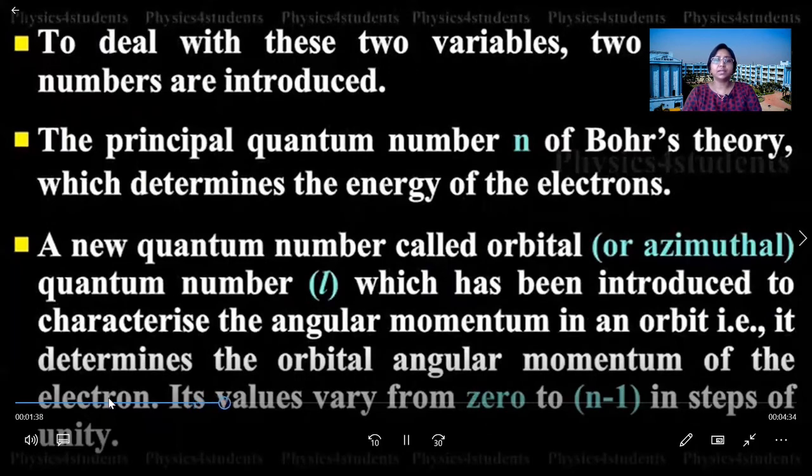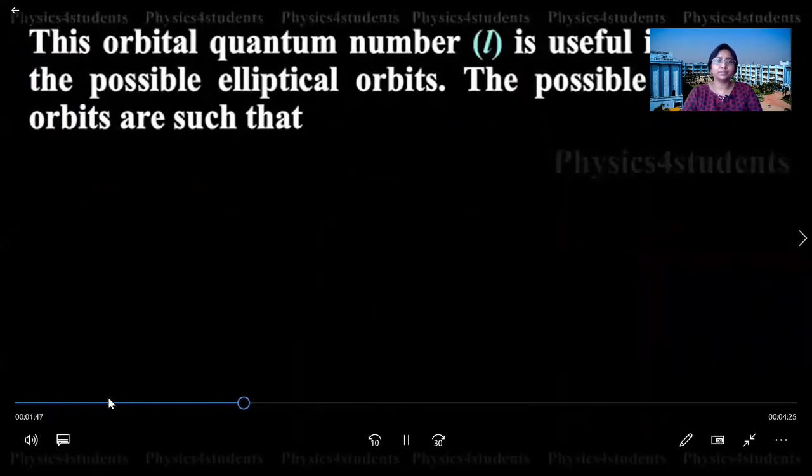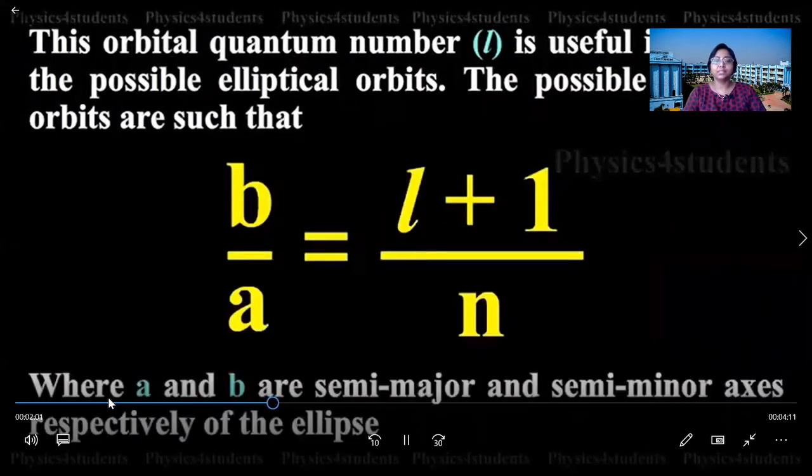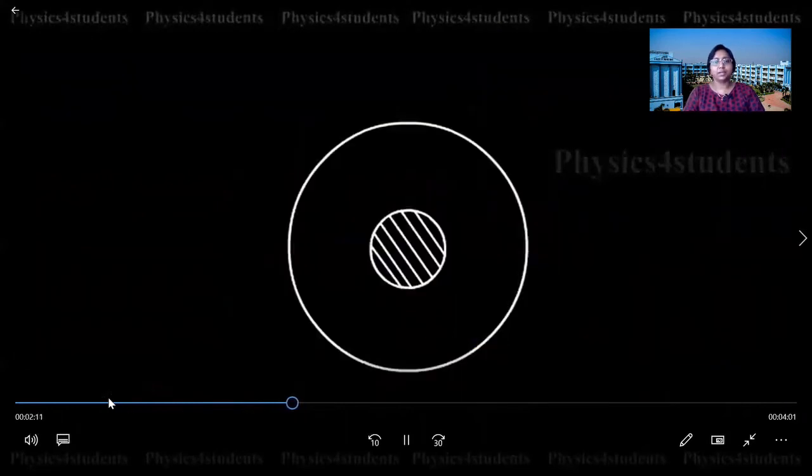It determines the orbital angular momentum of the electron. Its value varies from 0 to n minus 1. This orbital quantum number l is useful in finding the possible elliptical orbits. The possible elliptical orbits can be calculated by this equation, where a and b are the semi-major and semi-minor axes respectively of the ellipse.